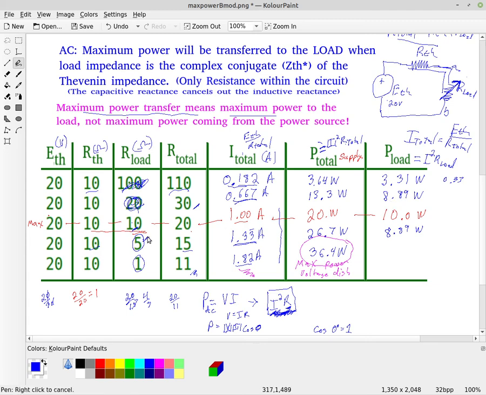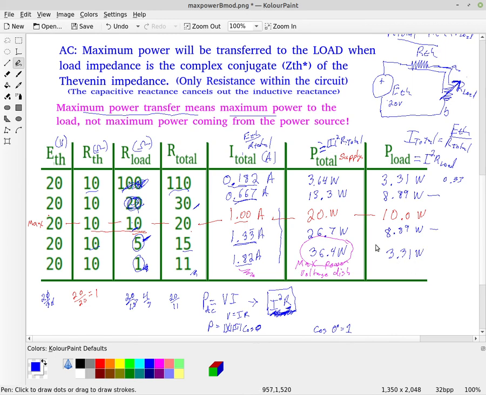And then here on this example, our load resistor is 1/2 of that. So the factor of 2, you notice that those two actually match. And then if we do the last example, we had 1.82 amperes, so a lot more current flowing through, but we only have 1 ohm at the load, which means we're back to about 3.31 watts.